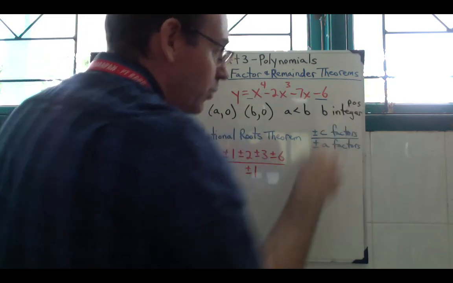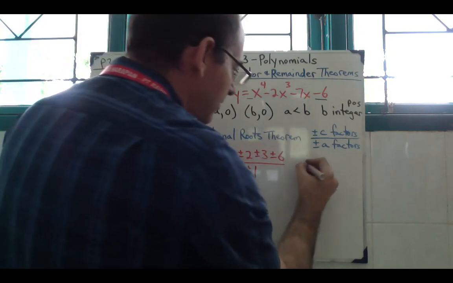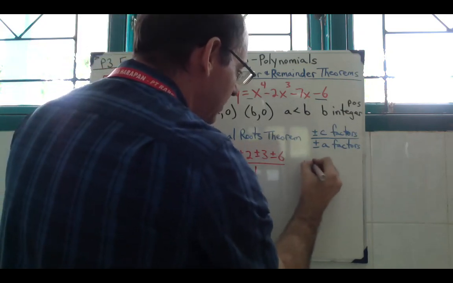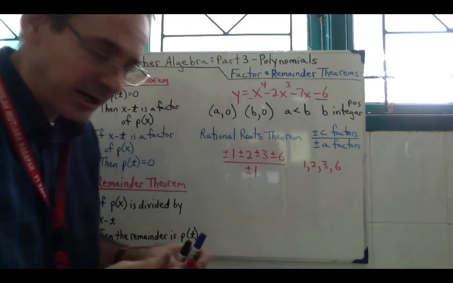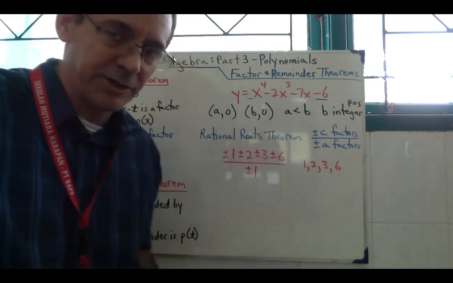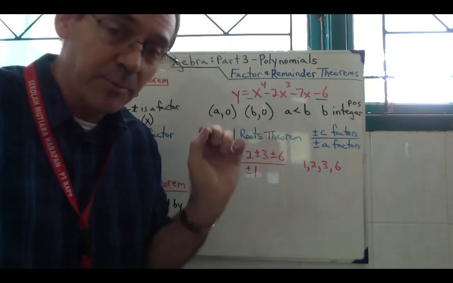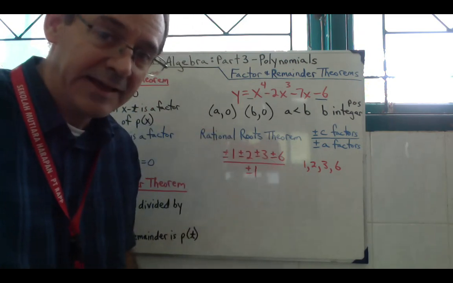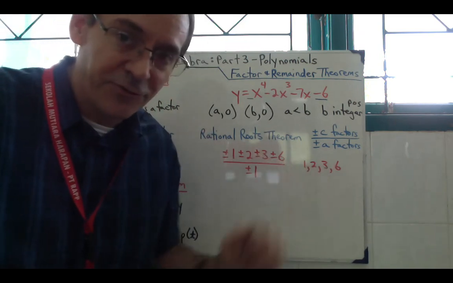And because we're on the positive side of the graph, really we're only looking at the numbers 1, 2, 3, or 6. That is our list of possibilities. This is what the rational roots theorem does. It only provides for you a list of potential candidates, and we were able to reduce it down to 4.